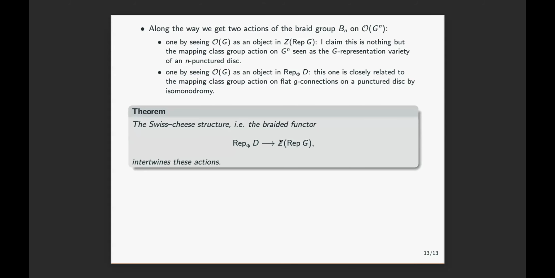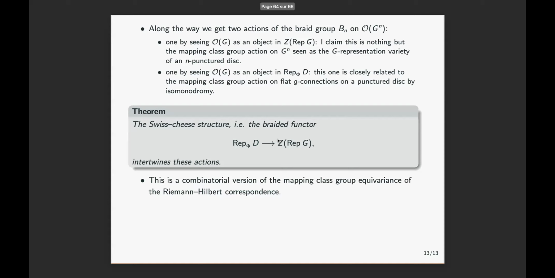And the claim is that it's kind of easy to see that it's a map of G to G, so it intertwines actions. One way to think about it is as some sort of combinatorial version of the fact that the Riemann-Hilbert correspondence is compatible with mapping class group actions.